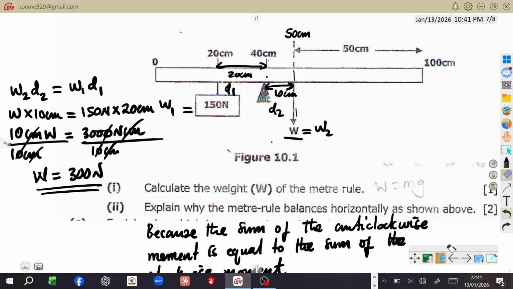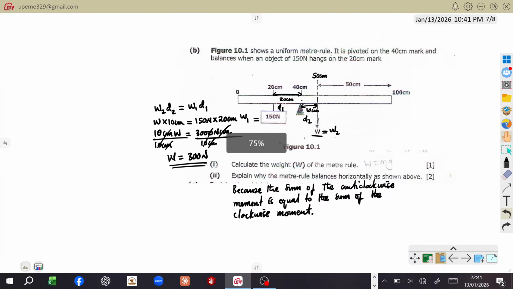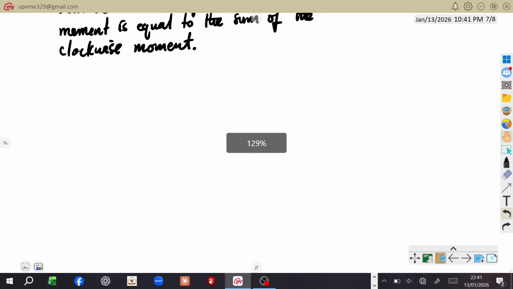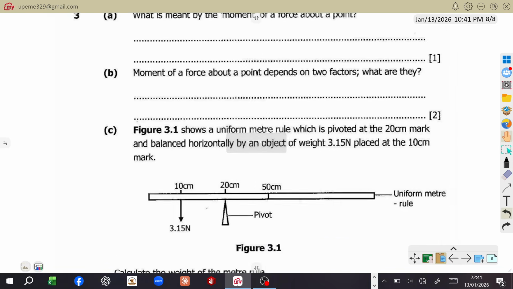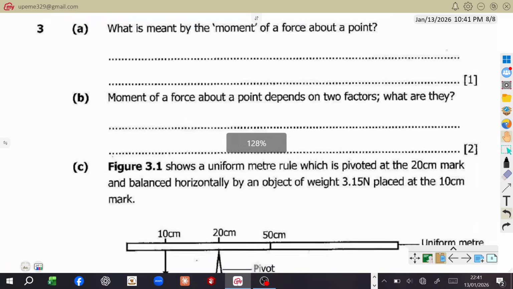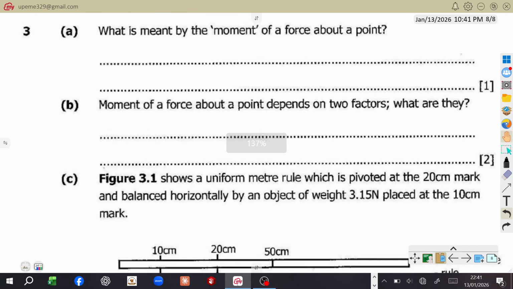All right. So let's see if we can still find more questions. All right. We still have questions on moments. So here it was like, what is meant by the moment of a force about a point?